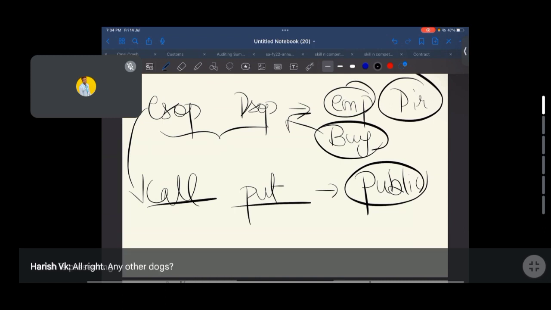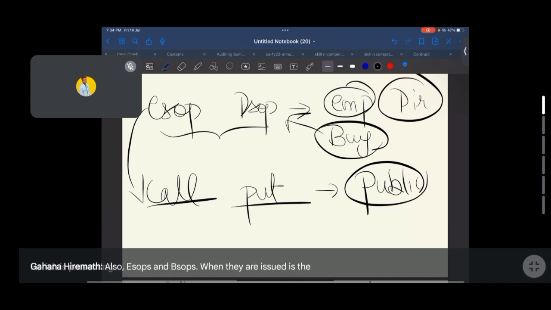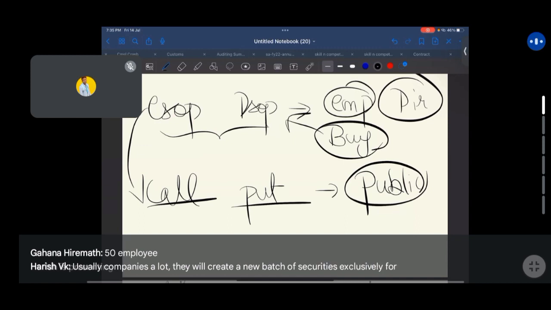So ESOPs and DSOPs, when they are issued, does the company usually allot them or buy them on behalf of the employee or director? Usually companies allot them. They will create a new batch of securities exclusively for ESOPs and DSOPs. That's what usually happens.